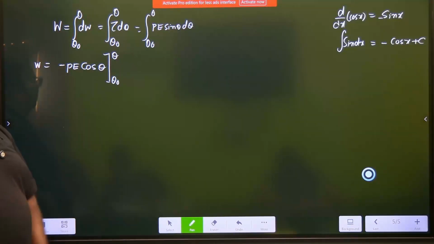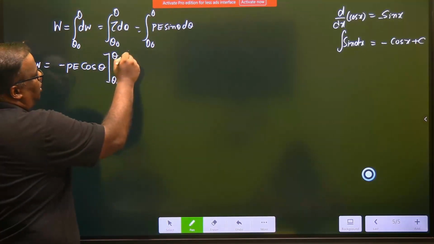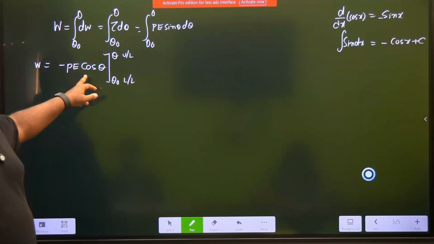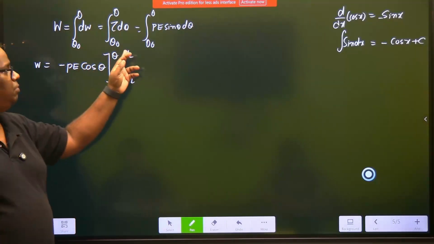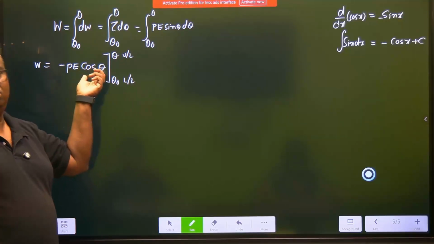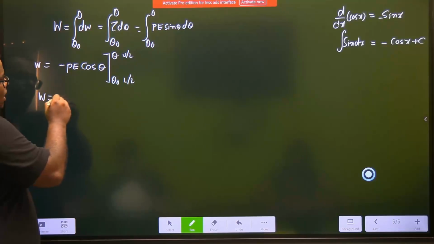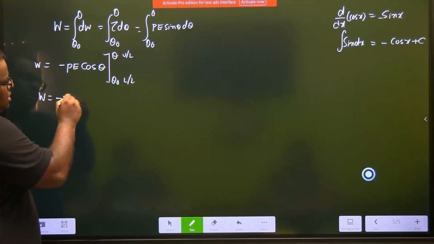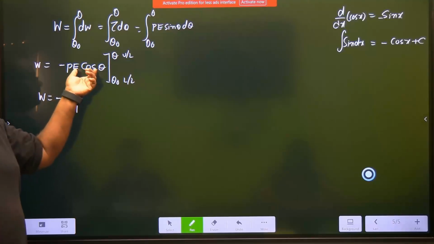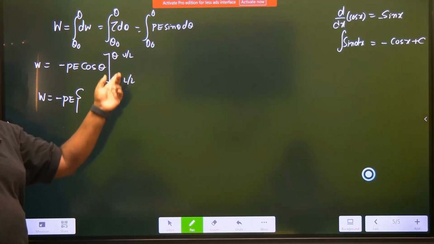How is this calculated? Very easy. This is known as the upper limit, this is known as the lower limit. Whatever function you see, take the function at the upper limit value minus the function at the lower limit value. What is the function now? Cos theta is the function. So our next step will be to get a particular value. Negative pE I am retaining as it is. Now look, cos theta is to be evaluated for its two children, theta naught and theta.